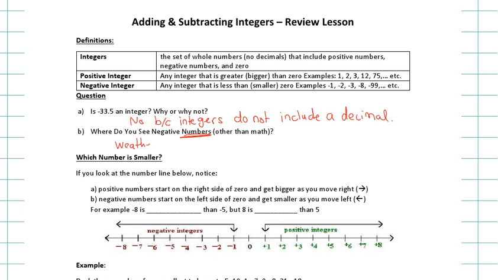Wouldn't it be like someone's waist? Like the size zeros? So you mean like sizes? Yeah, sizes, but they don't have negative sizes, do they? No. So where can I see negative numbers other than math?